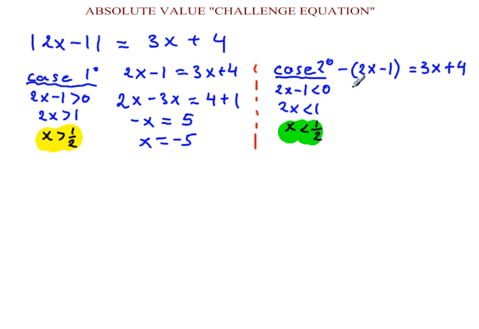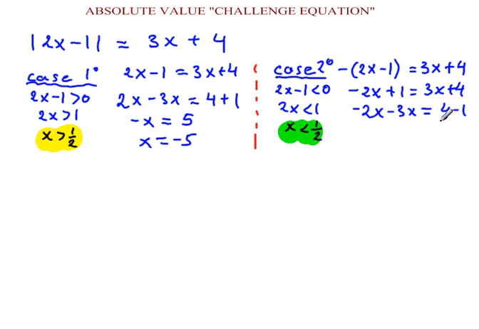Case number two, so since this is negative multiplied by the entire expression, make sure that you do that. Negative 2x plus 1 is equal to this, 3x plus 4. Okay, rearrange. So negative 2x minus 3x is equal to 4, take away 1.